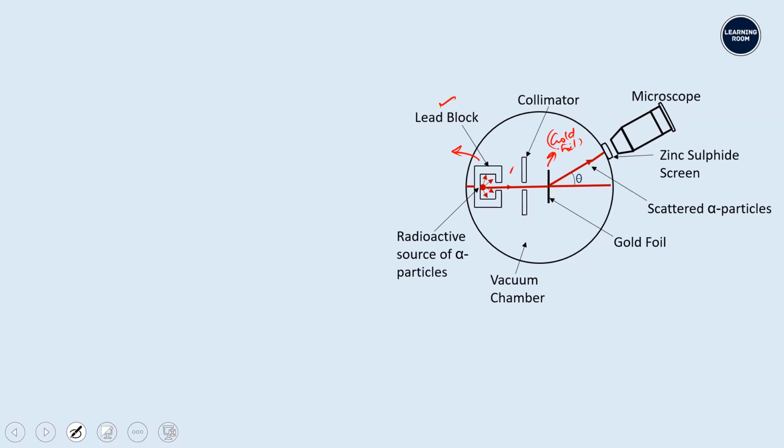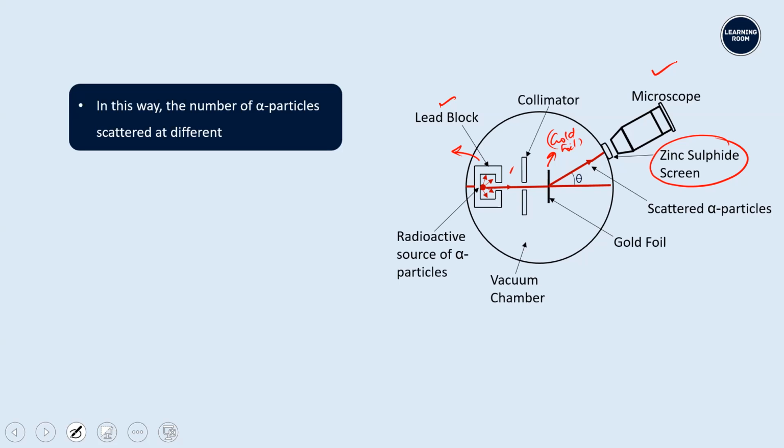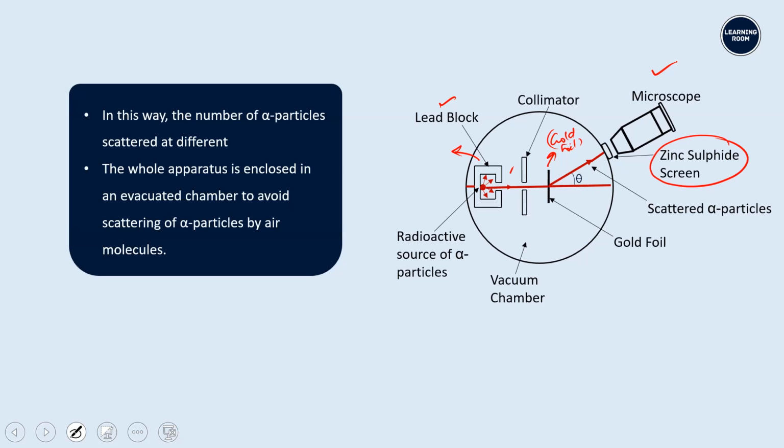When these deviated particles fell on the zinc sulfide screen, with the help of a microscope, what is it you could observe? You could observe some tiny flashes of scintillations getting generated. In this way, the number of alpha particles scattered at different angles is observed.